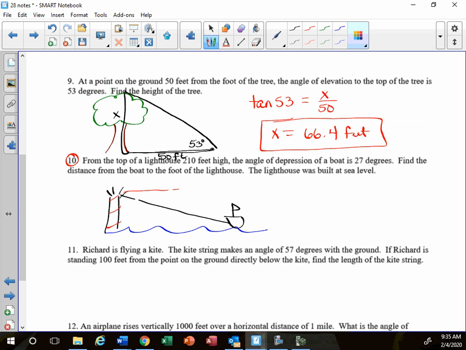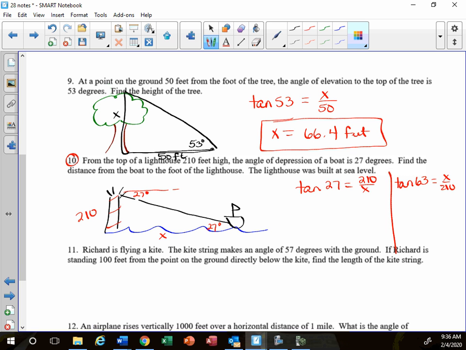Hey guys, the angle of depression, remember that's up here, which means it's the same as the angle down there by the boat, right? Okay. Let's see, this is 210 feet, find the distance, boat. So, two things, you can set up tangent of 27 equals 210 over x, or did anybody go, well, I'd rather use 63 and do x over 210?